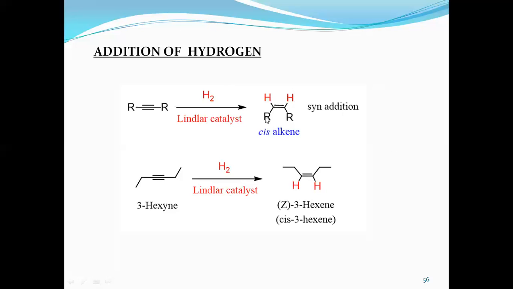The reason behind the transformation of an alkyne to cis-alkene is that the hydrogenation occurs on the surface of the metal which is used as a catalyst.